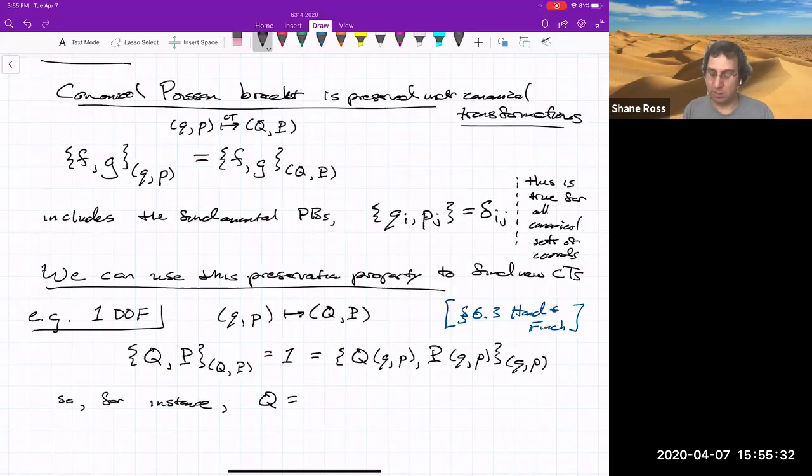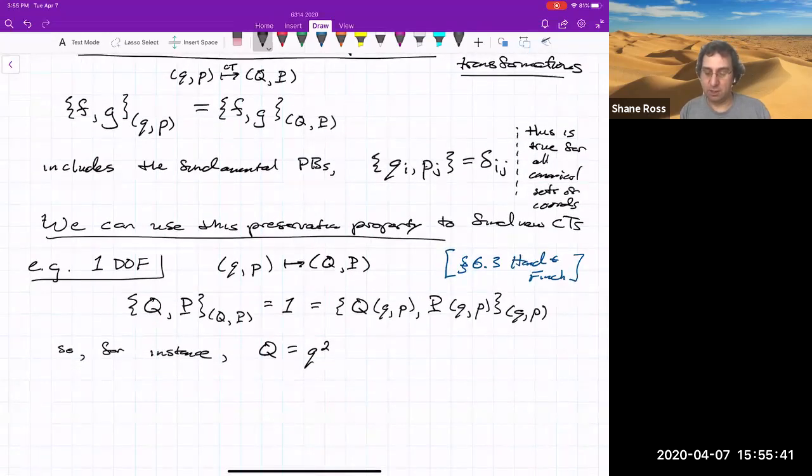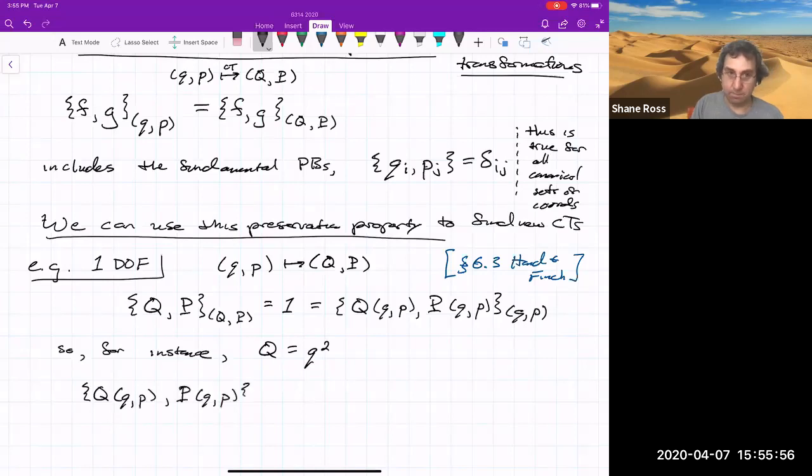So it would be convenient if the new coordinate capital Q is actually little q squared. Okay, so if that's the new coordinate, what is the conjugate momentum to that coordinate? It's not obvious, but we can calculate the Poisson bracket.